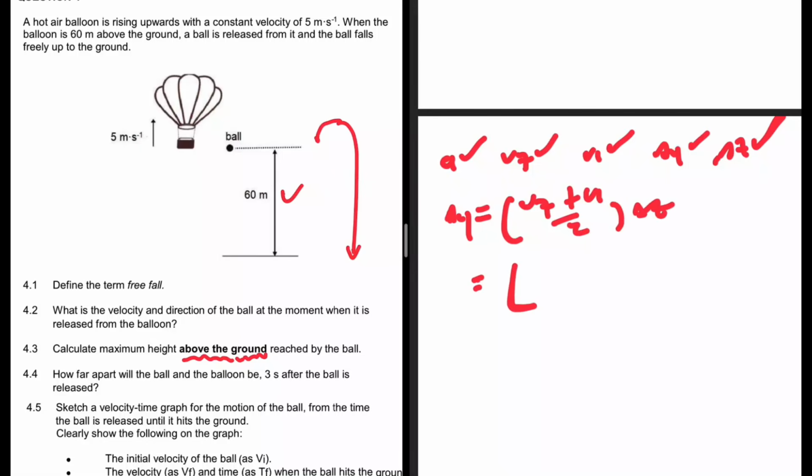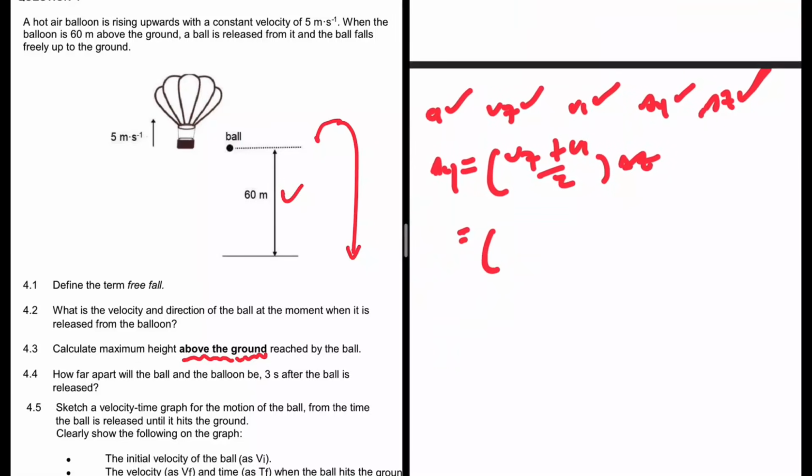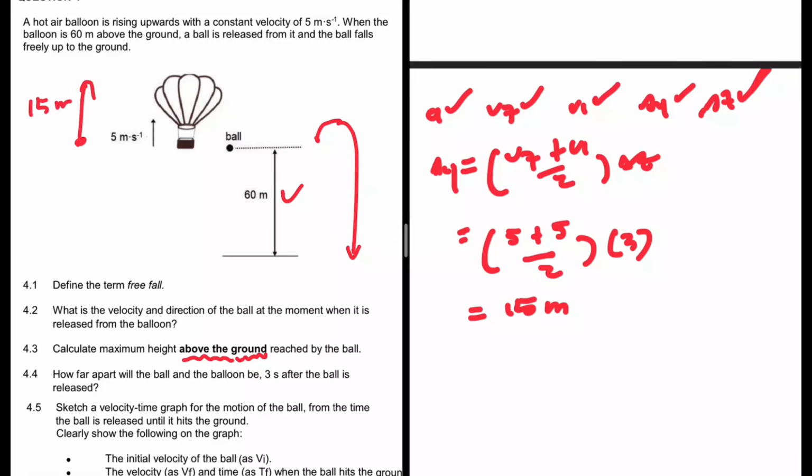Vf is 5, because it keeps moving with its velocity of 5 meters per second. Vi is also 5 because it's moving at a constant velocity, divided by 2, multiplied by 3. So that is 15 meters. Right, so the balloon has gone up some 15 meters in 3 seconds.